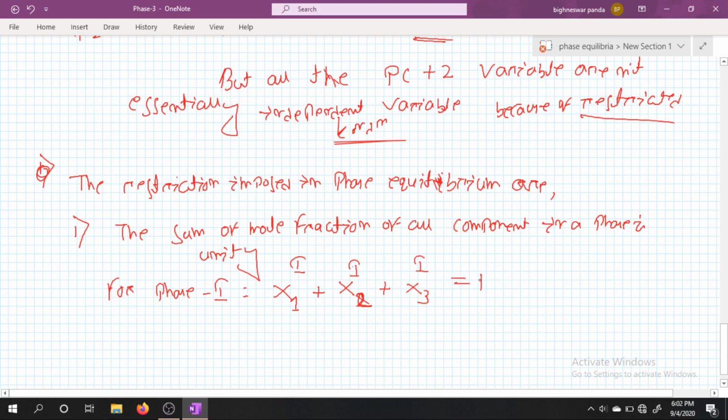Let the system contain 1, 2, 3 dot dot C components and have phases 1, 2, 3 dot dot P phases.